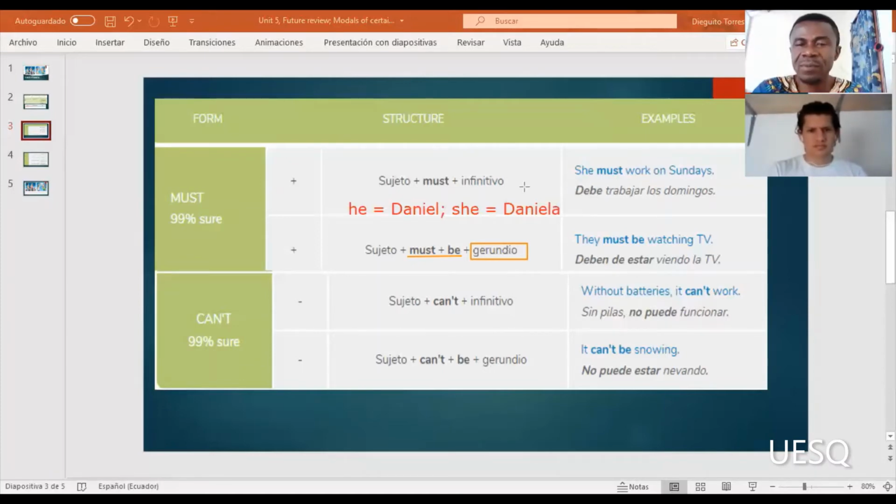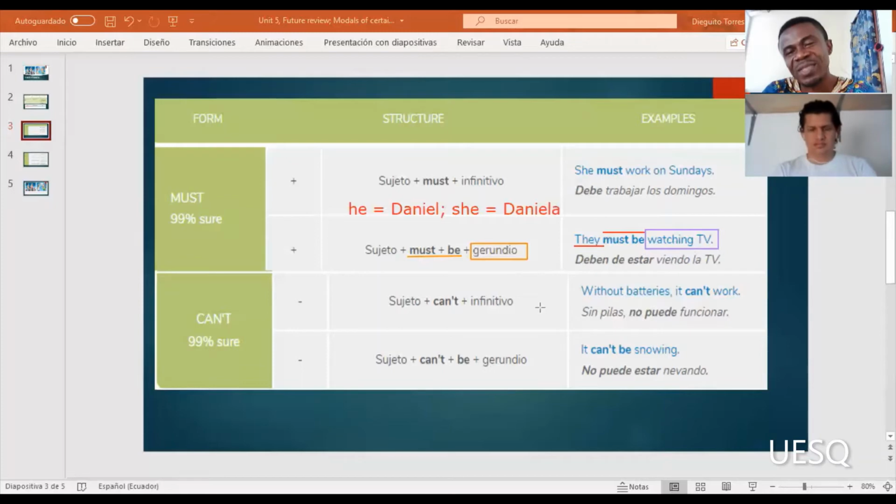So they is the subject, but it's in plural form. Then must be is the modal verb that we used. Watching is the verb, but it's in the ing form. It's in the gerund form or the continuous form. Okay. Then TV is what they are watching, so it goes for the infinitive. They are watching TV.